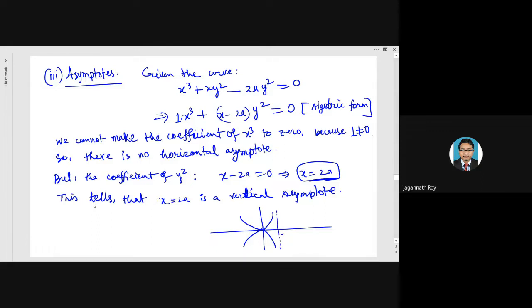This is x equals 2a. If a is negative, then the asymptote will be here, because a is a scalar value, we have not mentioned whether a is positive or negative. So in order to discard one of the sides, we have to understand the points.